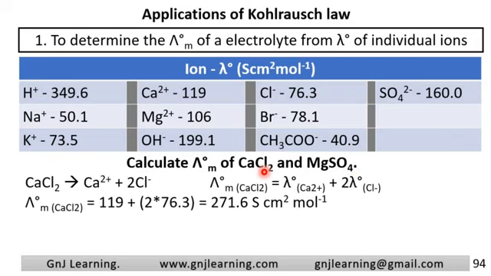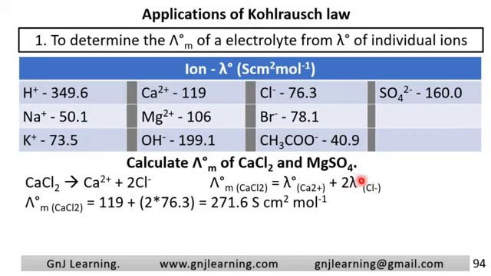In the first case, CaCl2 dissociates to give Ca2 plus and 2Cl minus. That means there are a total of 3 ions here. Lambda M0 of CaCl2, as he said, must be contributed by lambda 0 of Ca2 plus and lambda 0 of the 2Cl minus ions.